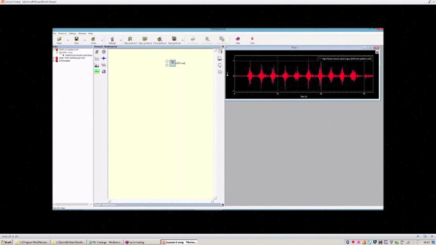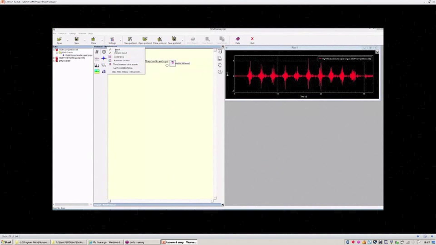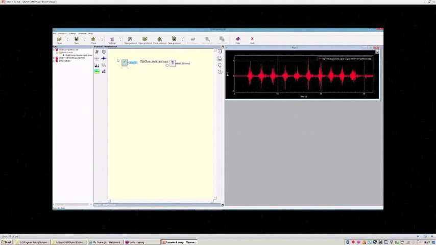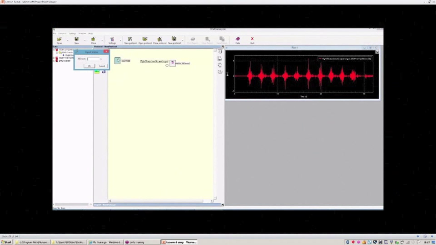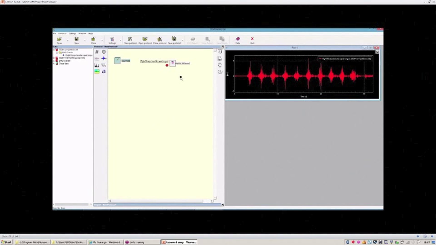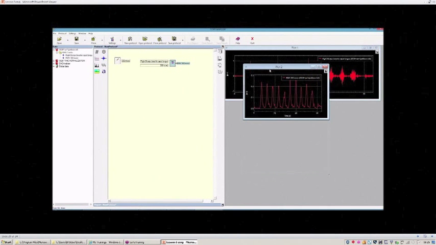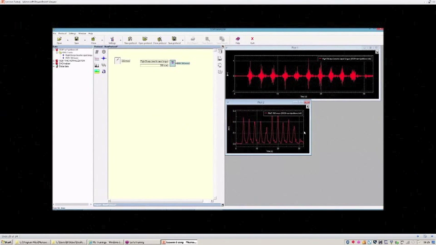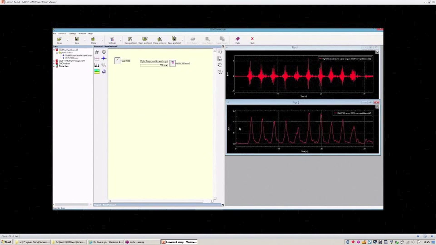Also for this signal, I want to choose a time window of 300 milliseconds, as we did before. So 0.3 seconds, the second input, and that is the result. Okay, so this is the envelope of the signal.